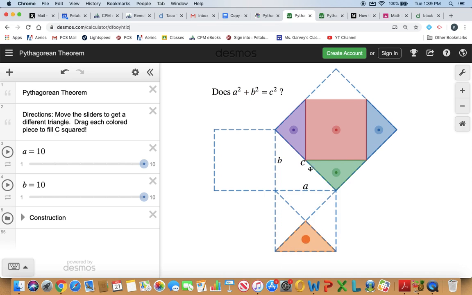And you can see that, yes, the area of the two shorter sides fits into the area of the longest side.